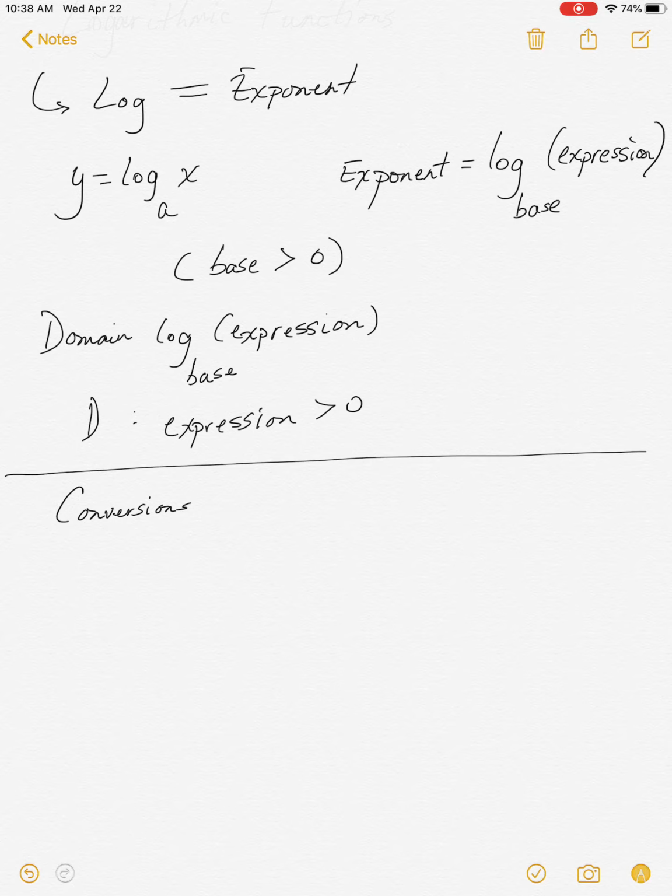First we want to convert exponentials to logs. Example.